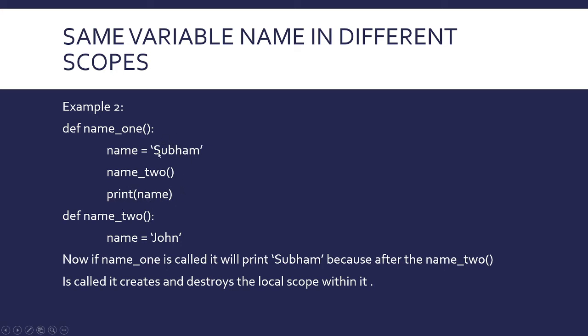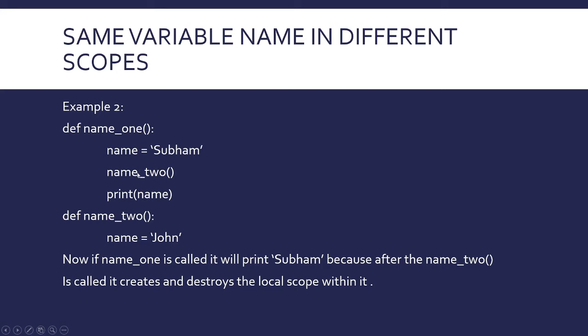The output of this will always be Shubham, because, as I discussed earlier, the scope and all its local variables are initialized and destroyed after calling the function. So this name is a local variable, so it is created and destroyed inside this, but this value is never destroyed as it is inside the name1 function, but the value inside name2 function already got destroyed.